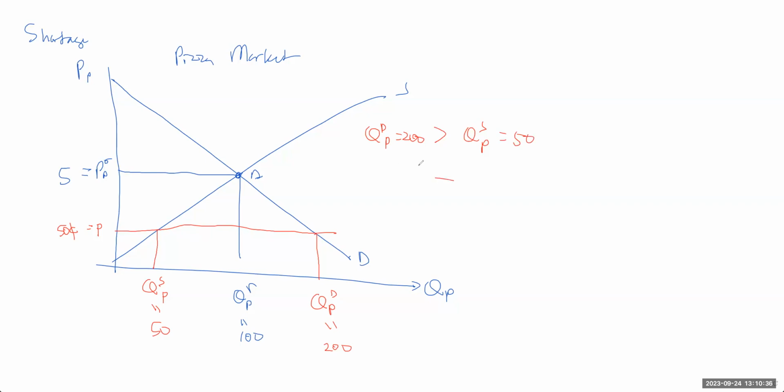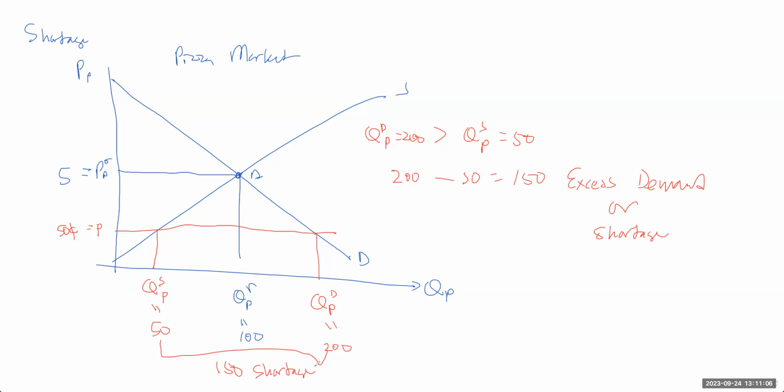The difference, 150, is excess demand, or shortage. We have a shortage in the marketplace, and it is this difference right here of 150.